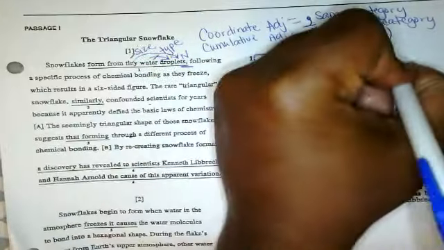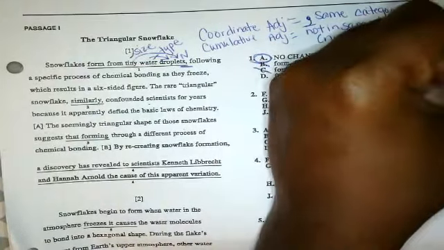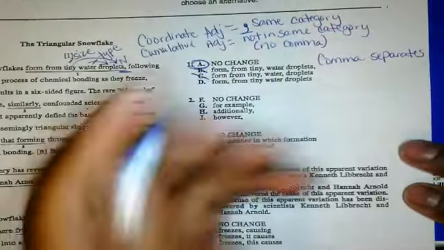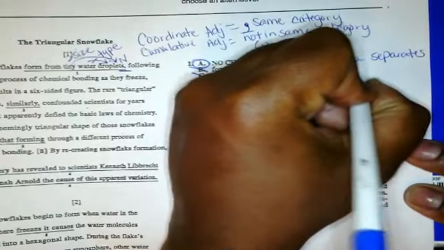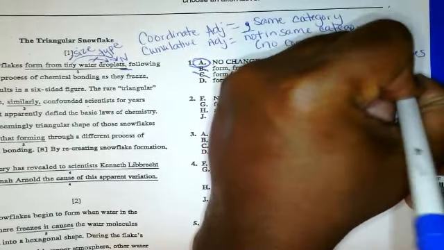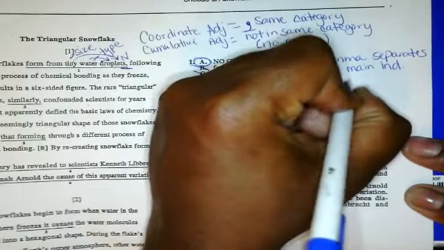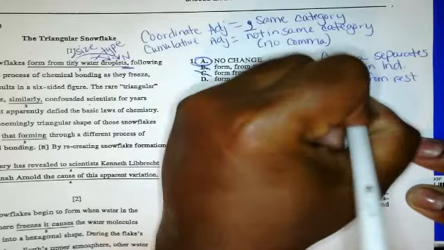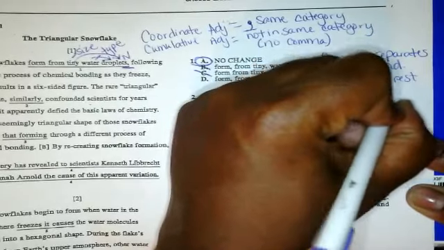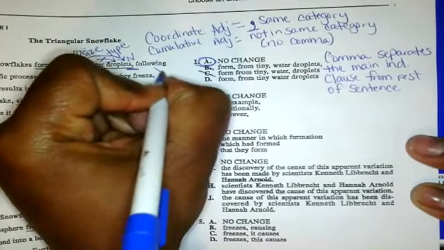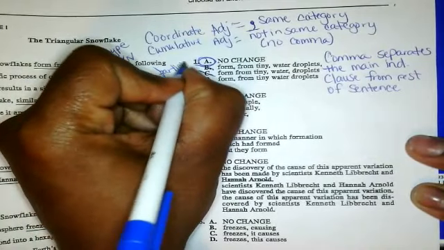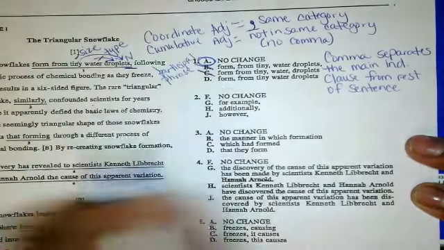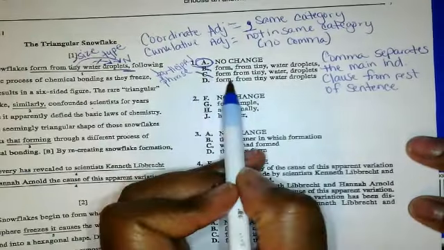So here we have comma separates the main independent clause from the rest of the sentence. And this is what we call a participial phrase. All right, and remember, D is not the correct answer.